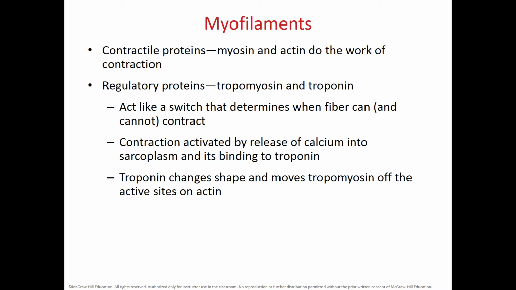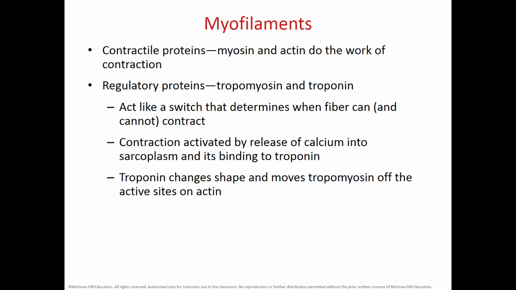And then in order for this sliding mechanism or this contraction between myosin and actin to happen, you have to have calcium. So calcium has to be released from the sarcoplasmic reticulum into the sarcoplasm so that the calcium can bind to troponin.